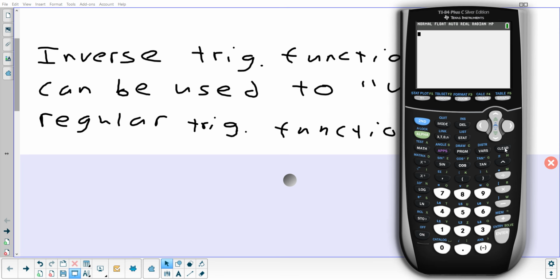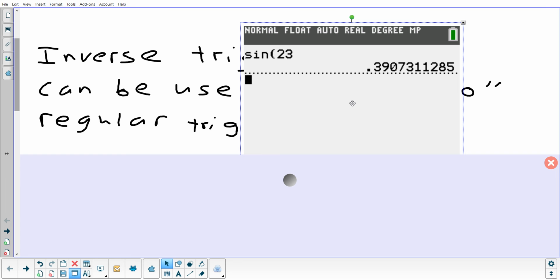All right, so for angles that weren't multiples of 30 and 45, we've been using the calculator to figure out the answer. So let's put it in degrees, and pick one that we couldn't do on the unit circle, like 23 degrees. So we take the sine of 23, and you get 0.3097.